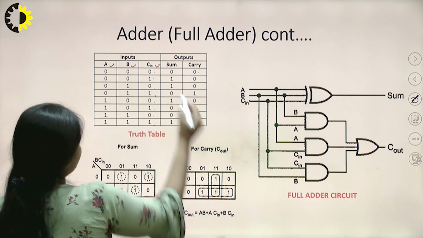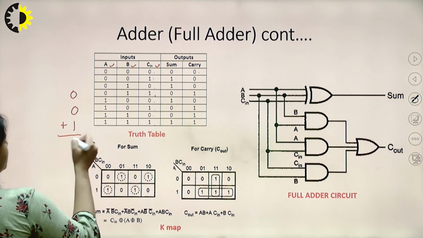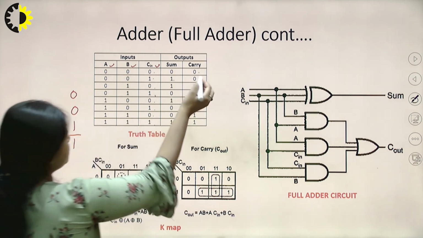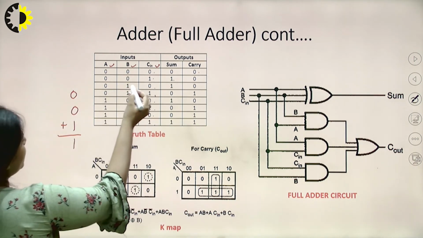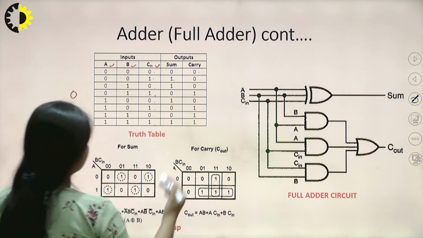For 0 0 1, the sum is 1 and there is no carry, so it is 0. Again for 0 1 0, the sum is 1 but no carry, so it is 0.